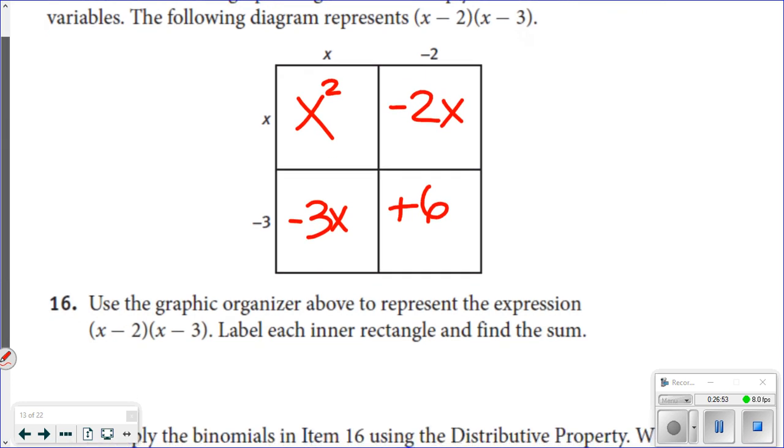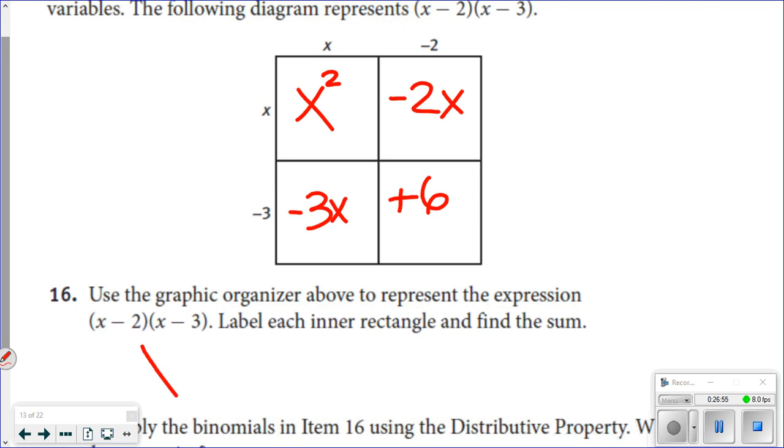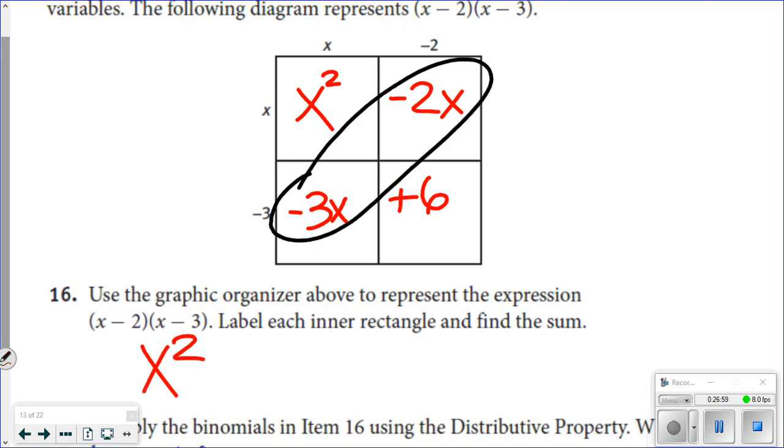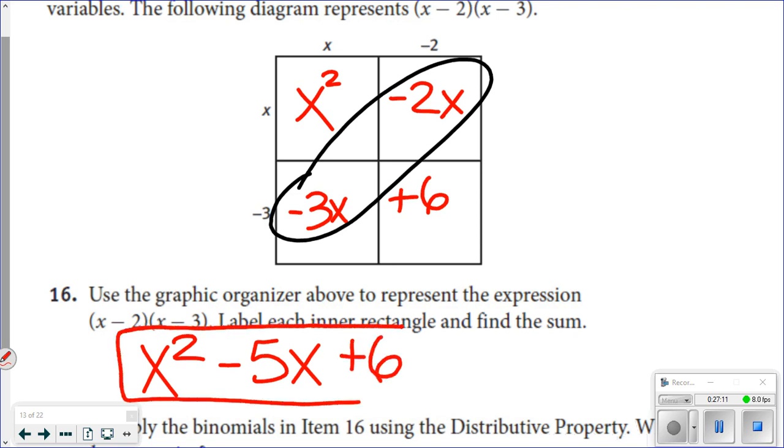So now let's find the sum. So x squared, these are like terms. Negative 3 subtract 2 is negative 5x. And positive 6. So that would be our final answer there.